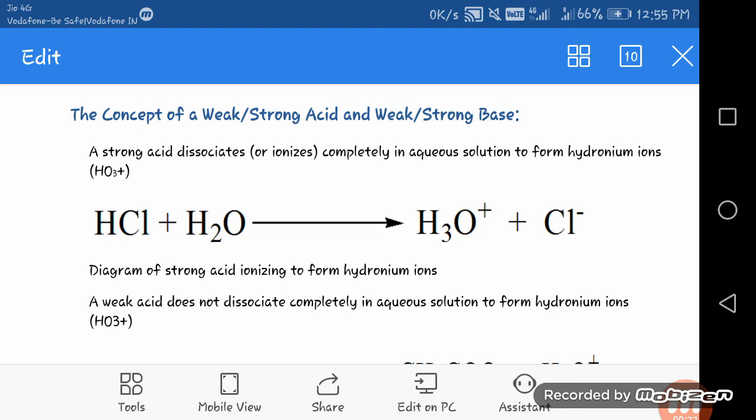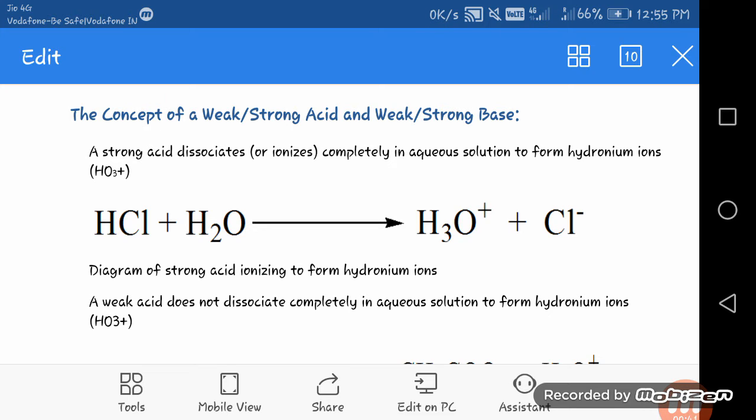So the concept of weak and strong acids and weak and strong bases depends upon this. A strong acid dissociates or ionizes completely in aqueous solution to form hydronium ions, H3O+.